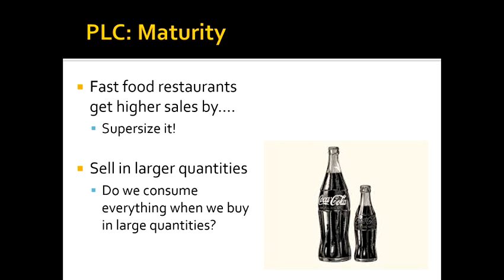Fast food restaurants get greater sales by supersizing it. Sell things in larger quantities, right? The old Coke bottle was 8 ounces and 12 ounces. When you buy a soda or tea or juice in a convenience store, it's 20 or 24 ounces. People don't drink all that, but they buy all of that. So sell it in larger quantities to increase your sales.